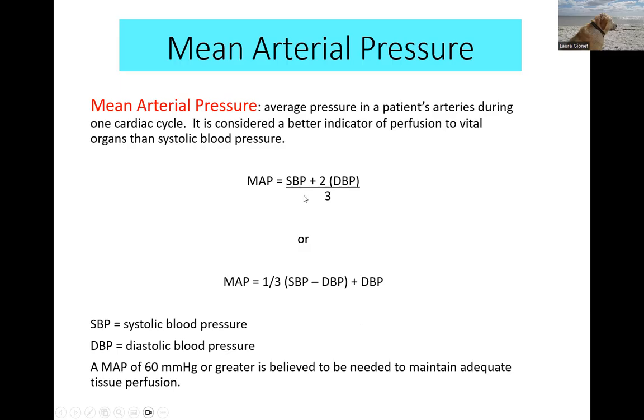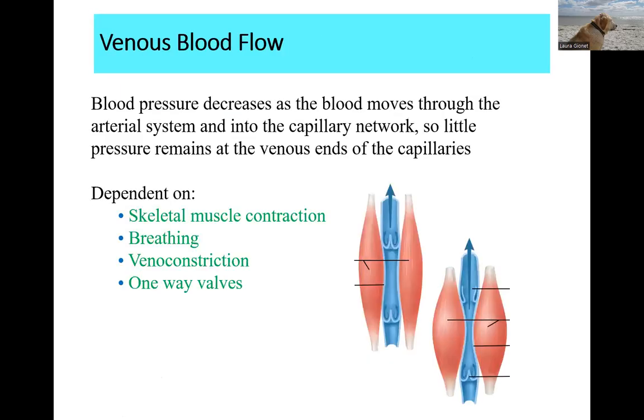Either one is utilized. A MAP of 60 millimeters of mercury or greater is believed to be needed to maintain adequate tissue perfusion. So that's a good thing to keep in mind. I don't necessarily ask you that equation, but for those of you going into nursing, they love this stuff.